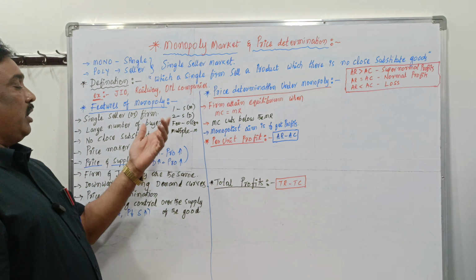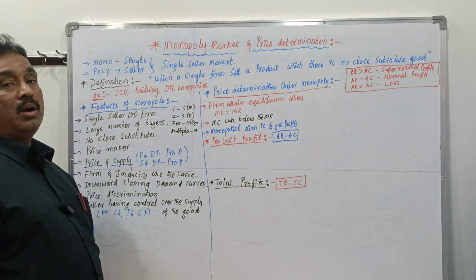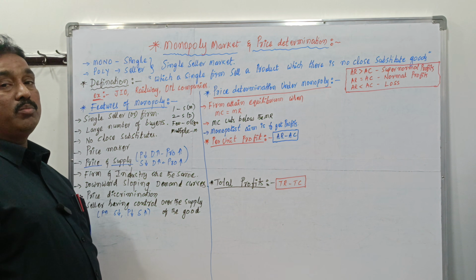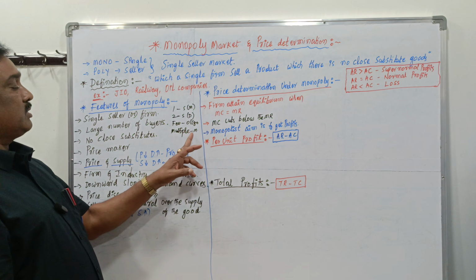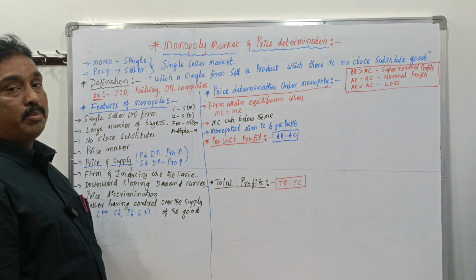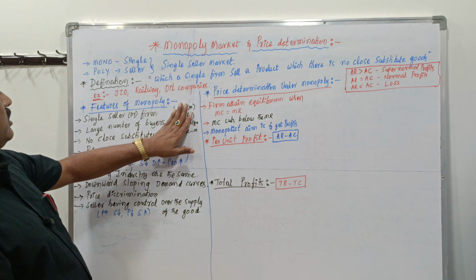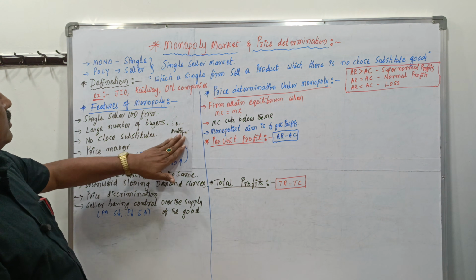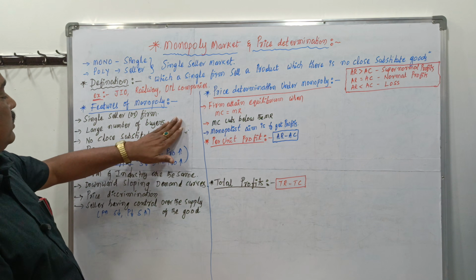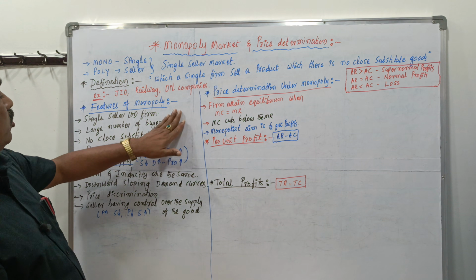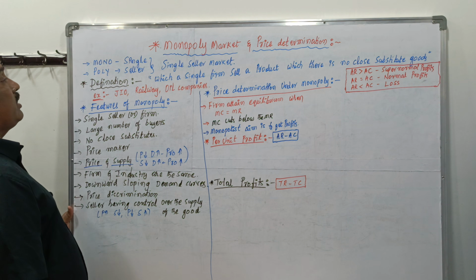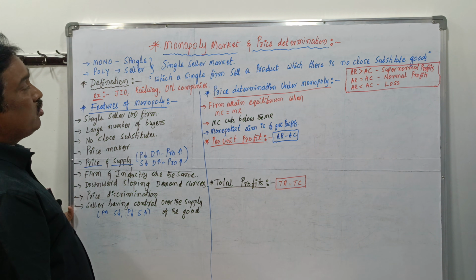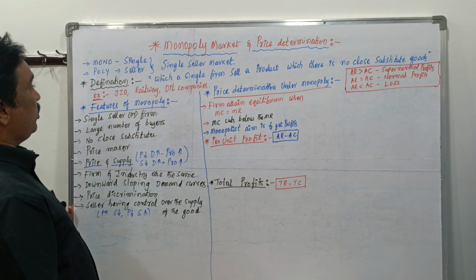And if there are multiple sellers, more than 10 or 20, that market is called a monopolistic competition market. Based on the sellers, we decide the different types of imperfect competition market. So today let us discuss what the monopoly market is and how to determine the price in the monopoly market.